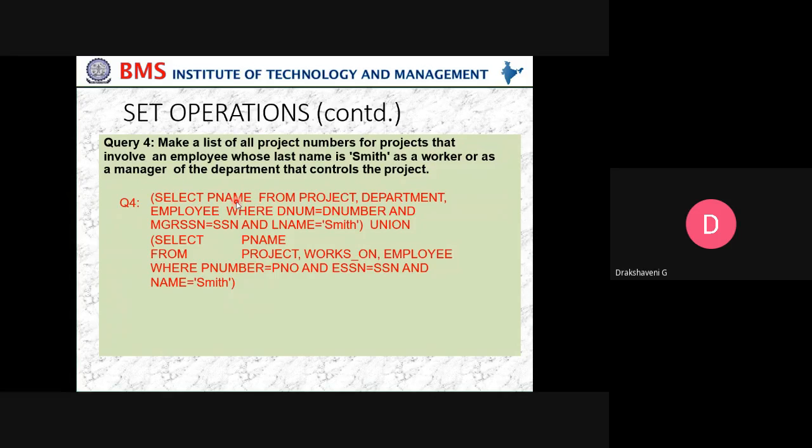Select project name from project, department, employee where D number equals D number and manager SSN equals SSN and last name equals Smith, union select project name from project, works on, employee where project number equals P number and employee social security number equals social security number and last name is Smith.